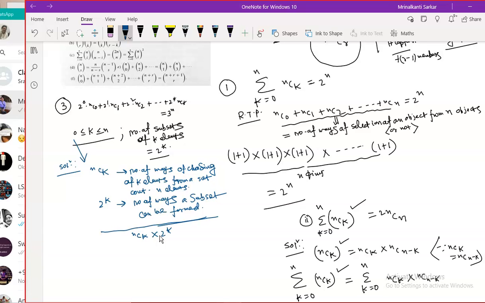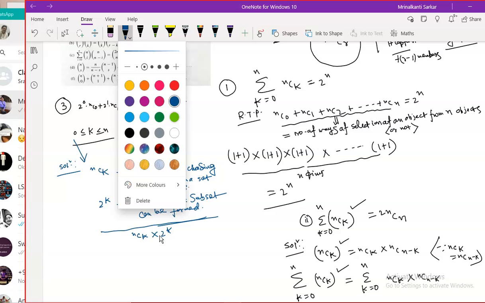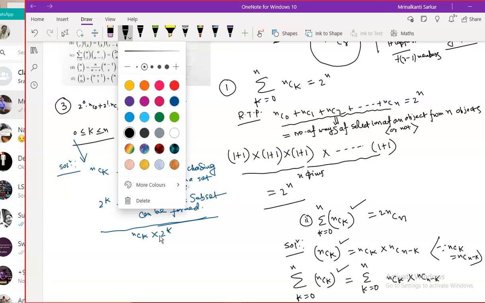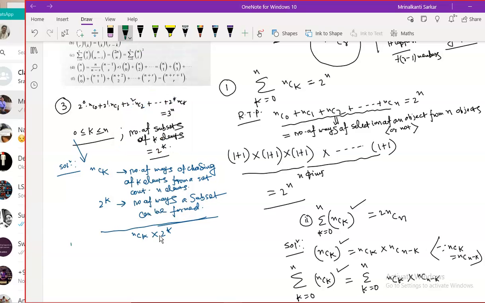Now think differently. The second way I am thinking: for a particular element of the set, there are three options. I'm writing committee, then subcommittee.